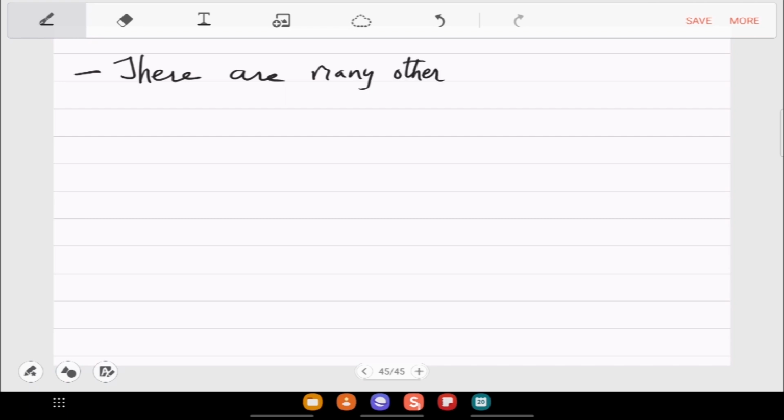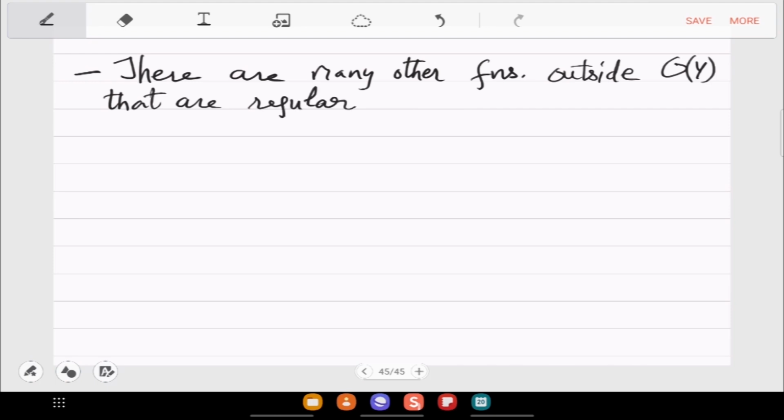So there are many other functions outside O_Y that are regular on some proper open patch U of Y. So basically getting this common g by h is a problem.